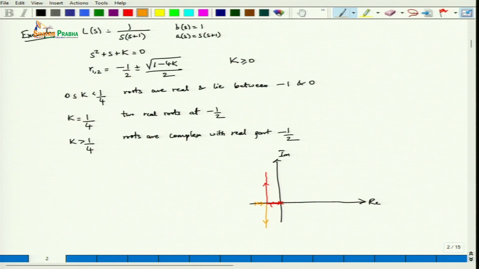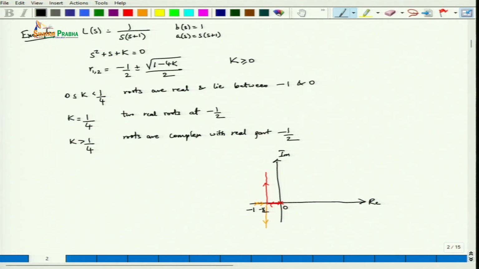So, you will see that the roots of this closed loop system start from the poles of L of S, that is 0 and minus 1, then they come symmetrically to minus 1 by 2, and from there they start deviating out of the real axis and go on to infinity.